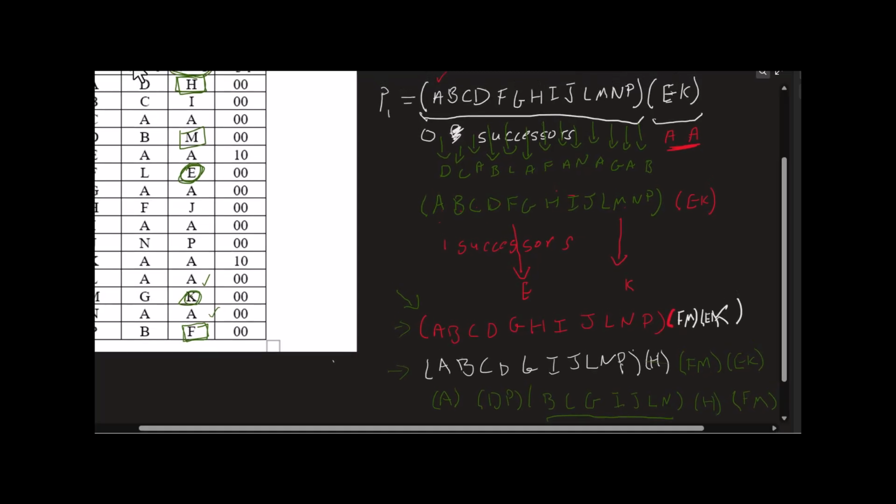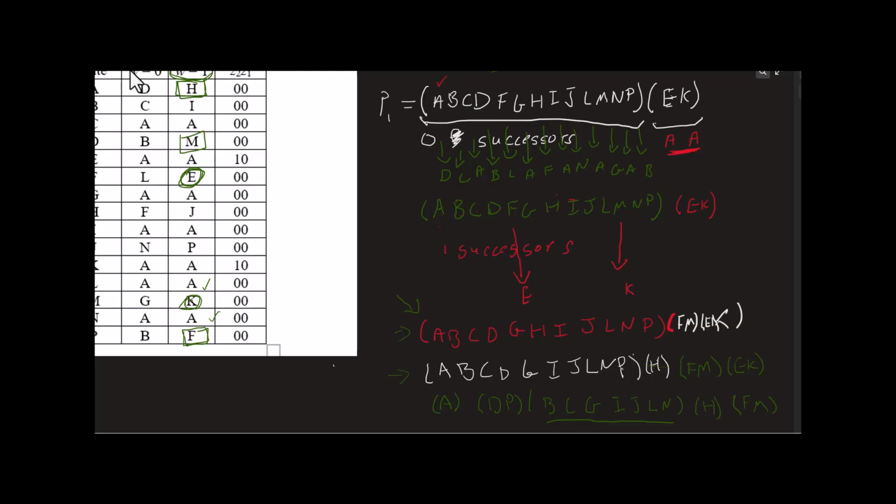So I'm looking at when W equals 0 for B, C, G, I, J, L, and N. Now, of those that I just circled, I want to check to see, are any of those states not in the same group?